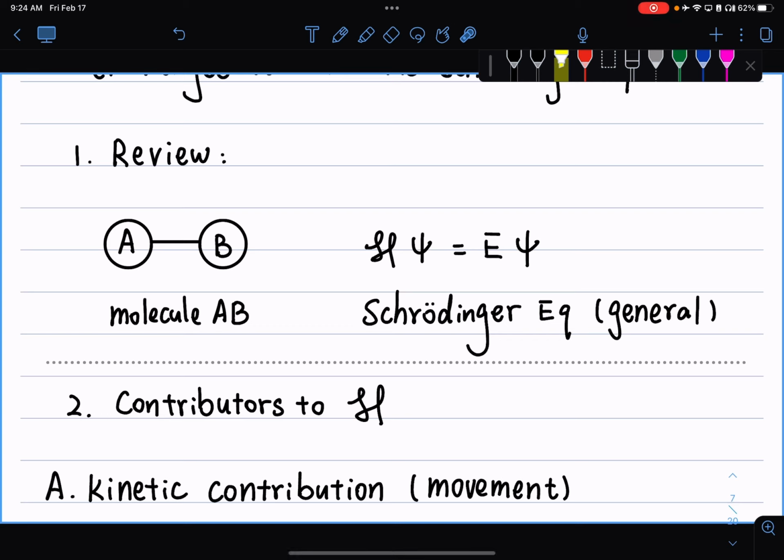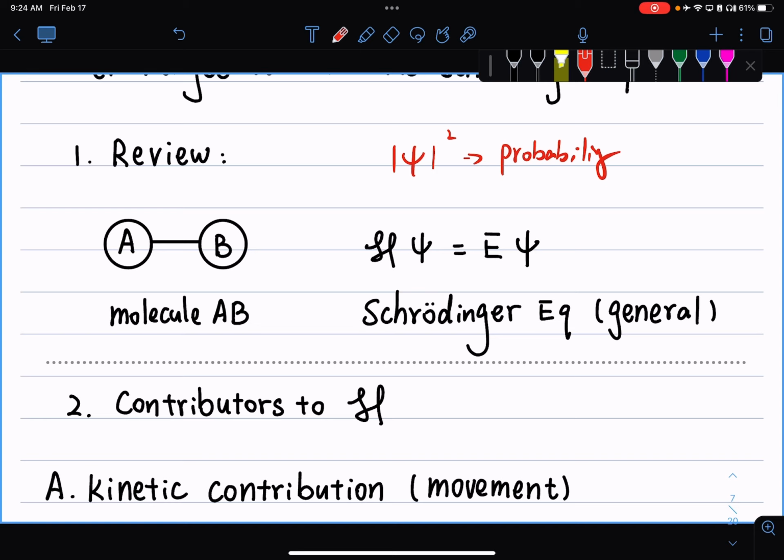And in general, we have the Schrodinger equation: the Hamiltonian acting on the wave function gives you the electronic energy times the wave function. The wave function, by definition, is a probability wave. And when we say it's a probability wave, what we're saying is the wave function squared gives you the probability of finding the electron somewhere in space. So that's a quick review of the Schrodinger equation.